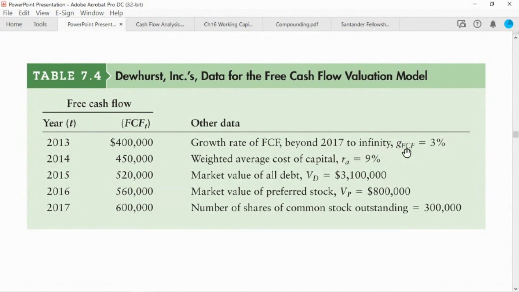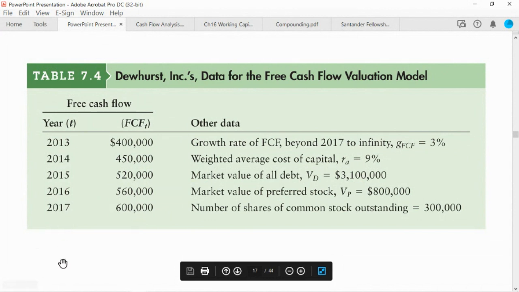That means growth of the free cash flow is going to be a constant 3%, right? Weighted average cost of capital is 9%. Okay? So 2017 is like capital T.